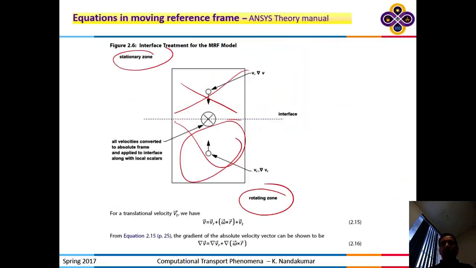But the problem we have is at the interface, because as you approach it, one velocity is based on the fixed reference frame, the other velocity is based on the moving reference frame. So you need to smooth them together so that it doesn't destroy the solution accuracy overall. You need to smoothly patch them.